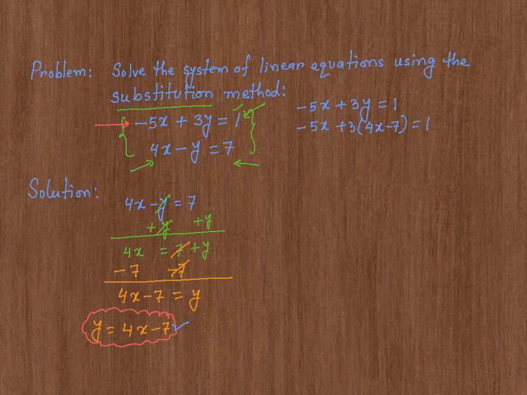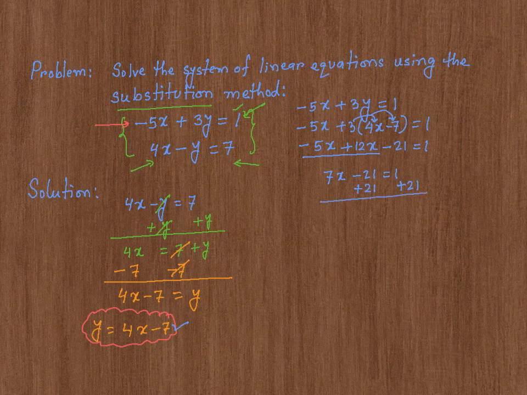Now we are just going to use the usual distributive property to solve it. -5x, then 3 times 4x is 12x. Then 3 times -7 is -21, equal to 1. Now -5x plus 12x is 7x. Then minus 21 is equal to 1. Then I'm going to add 21 to both sides.